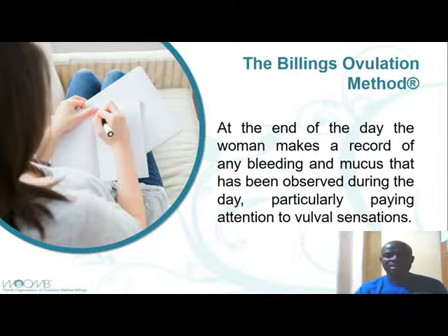It is dry, nothing seen, or it is wet, slippery, or any observation that you will have made. From there, you can make your choice, either to have intercourse or not, depending on what you want through the Billings Ovulation Method, either to achieve or to postpone. Also, the other part is monitoring your reproductive health.